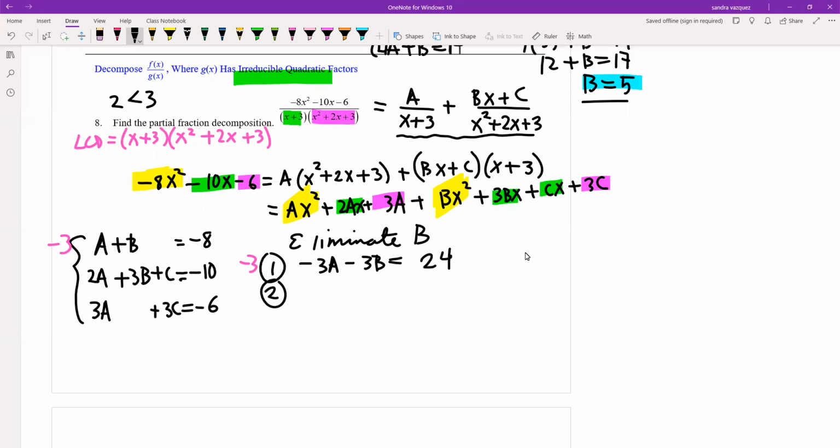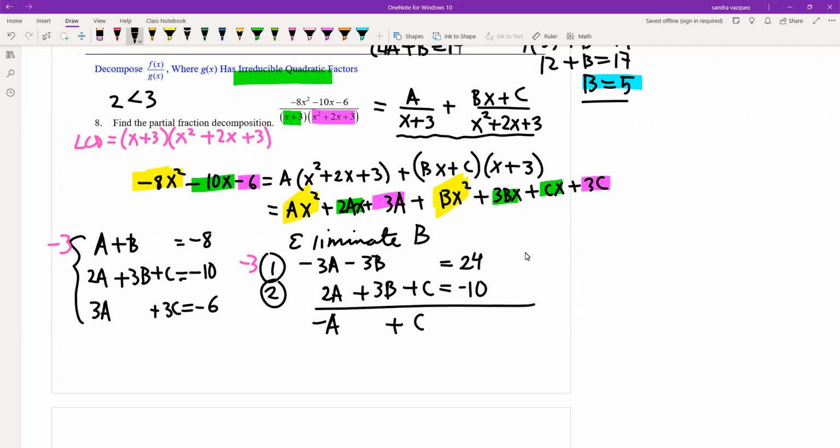I'm going to add it to equation 2, 2a plus 3b plus c, equal to negative 10. I forgot to make my space, so let me do that here. Add them: negative a plus c is equal to 14. I'm going to label that equation 4.